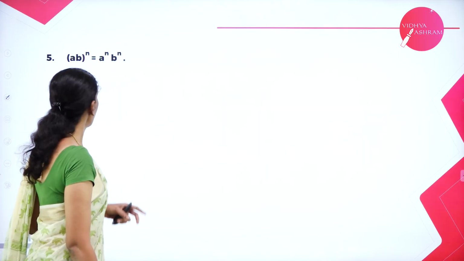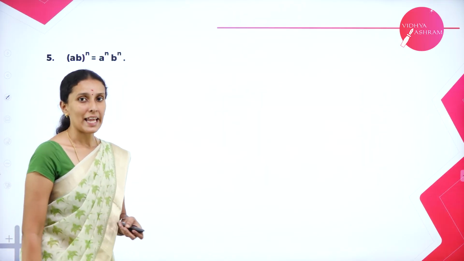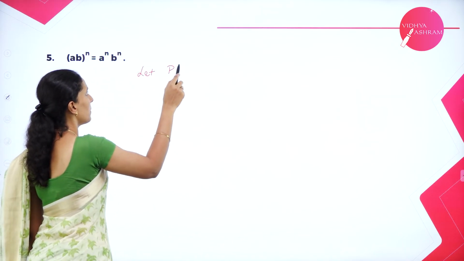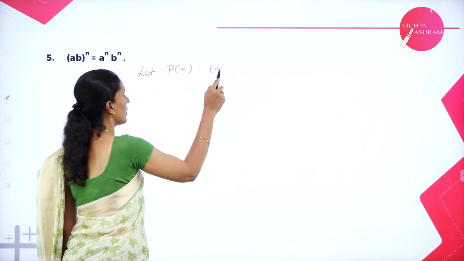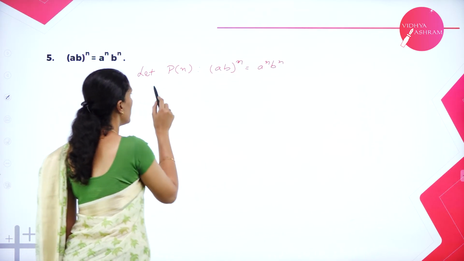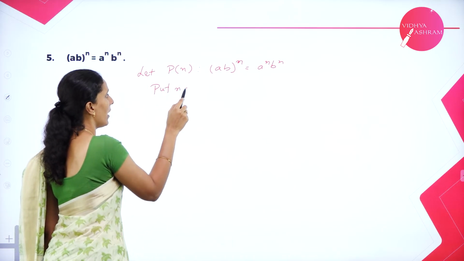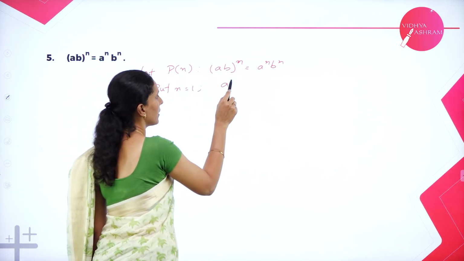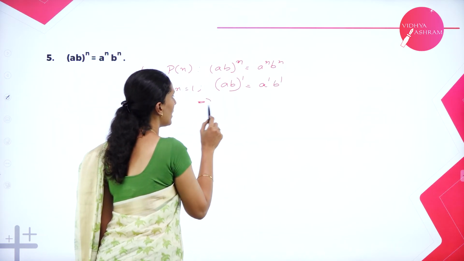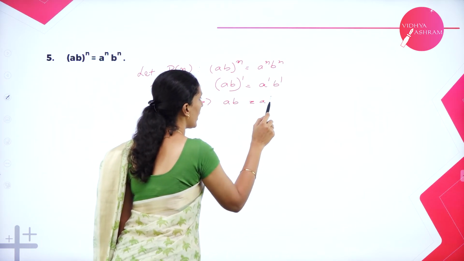Next one, we have ab whole power n is a power n, b power n. So, let P of n be ab whole power n is equal to a power n, b power n. Put n equal to 1 there. Then ab whole power 1 is a power 1, b power 1. That implies ab is equal to ab.